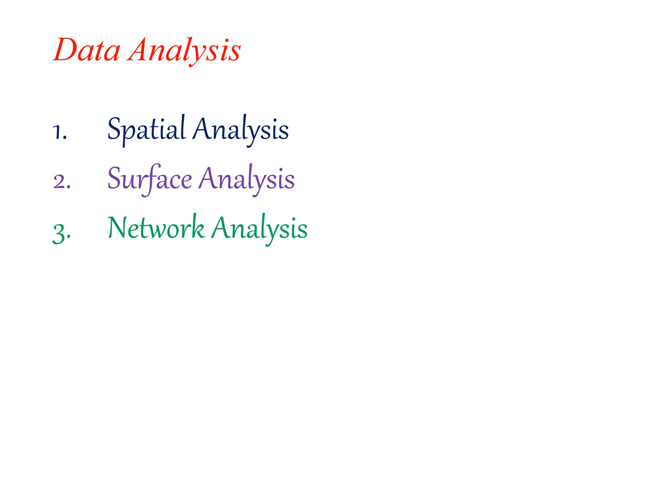After network analysis, you will get the most possible route, either in the form of roadways, sewer lines, or pipelines which will supply the water. But we are more interested in spatial analysis.